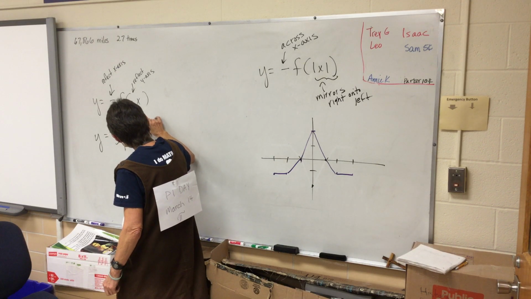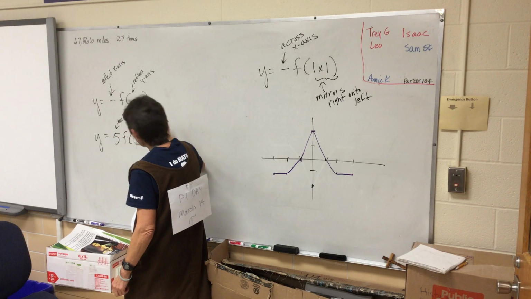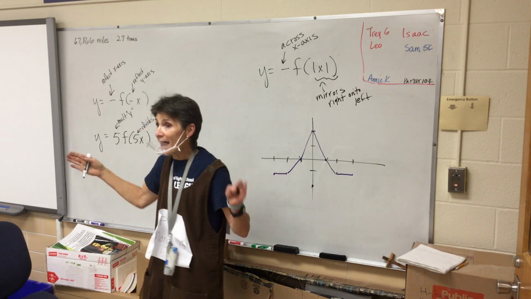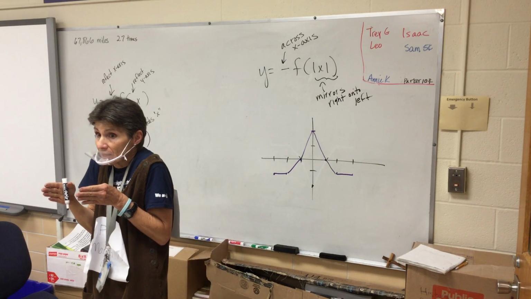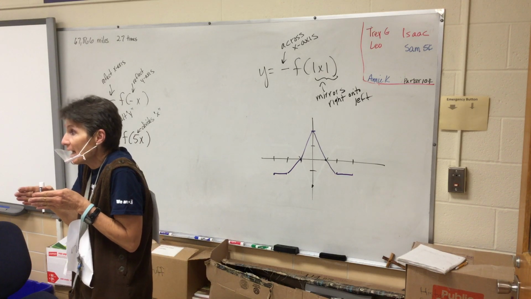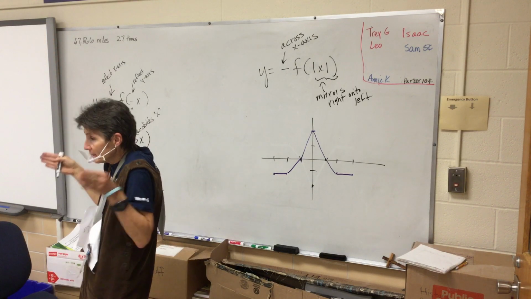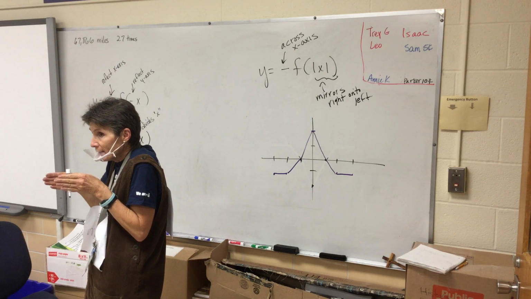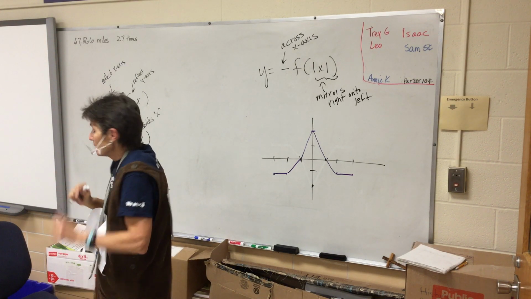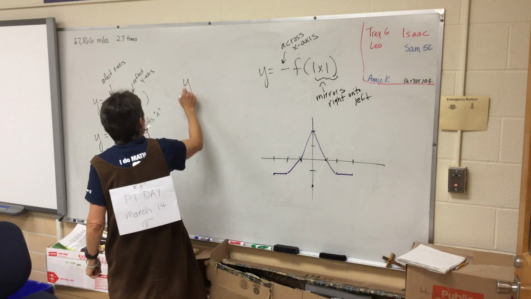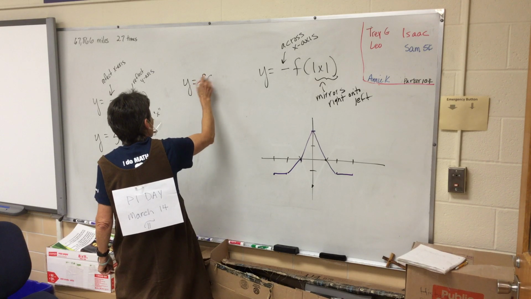Divides the x or the width. So this picture would actually be shrunk. It would be a 5th as wide. It would be 5 times as tall, but a 5th as wide. Okay, so that's multipliers.